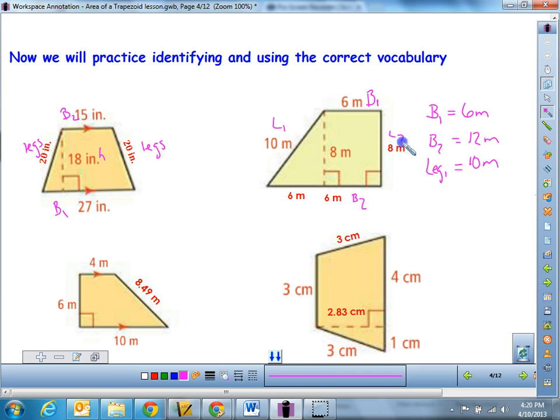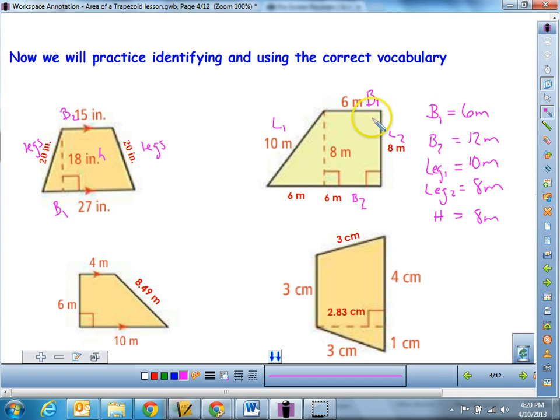This can be our leg 2, and that's 8 meters, which just leaves our height to be this. Either one of them, notice they're the exact same. They both meet at a 90-degree angle, so that would be 8 meters. So if we were doing perimeter, we would add 6 plus 8 plus 6 plus 6 plus 10.